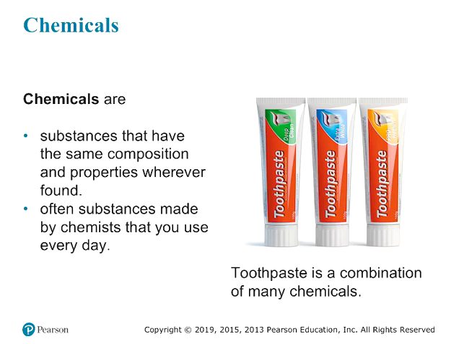So for instance, some toothpastes focus on whitening your teeth. So they might have different chemicals from toothpaste that just focuses on preventing cavities. So the type of chemicals in each brand or type of toothpaste might be a little bit different, but there are some common chemicals as well.